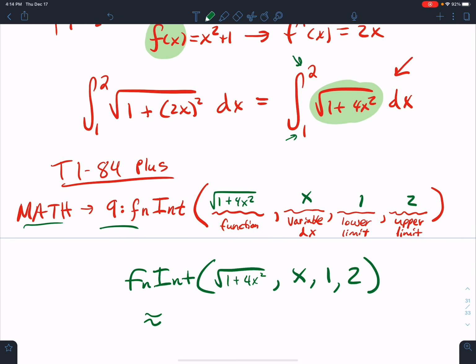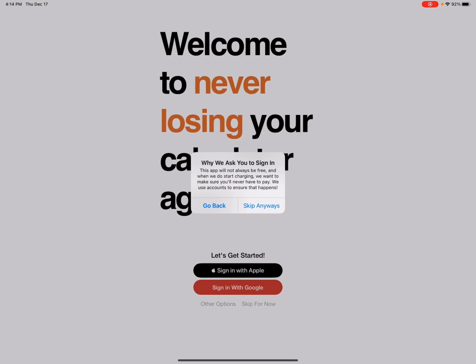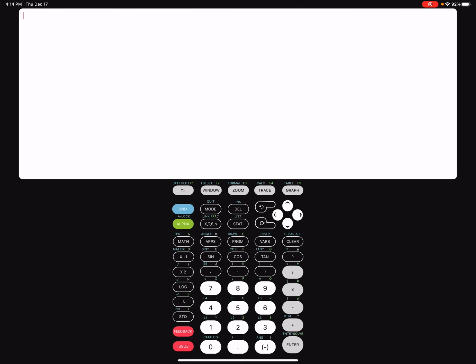And if you do it right, let's see what you'll get. I'm not even sure I can do this on this cheapo calculator. By cheap, I mean free, right? Let's see if you can even do this. Math, and then I go to 9, enter. Ooh, okay, mine sets it up beautifully, so I don't even have to type all that in.